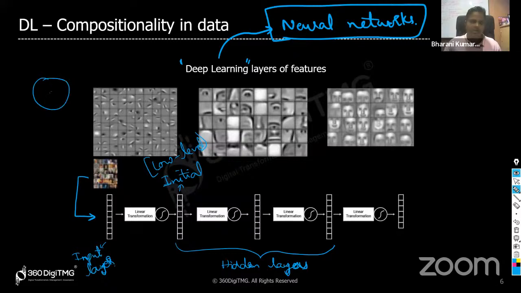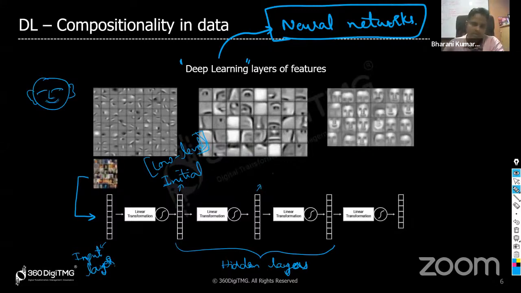If you have an image, you have an edge here, an edge here, an edge here. All these are edges, or maybe intensity values, etc. That is what is captured by the initial set of hidden layers.